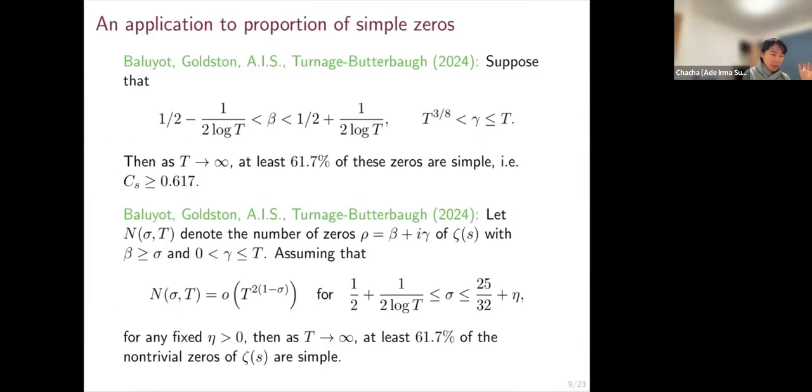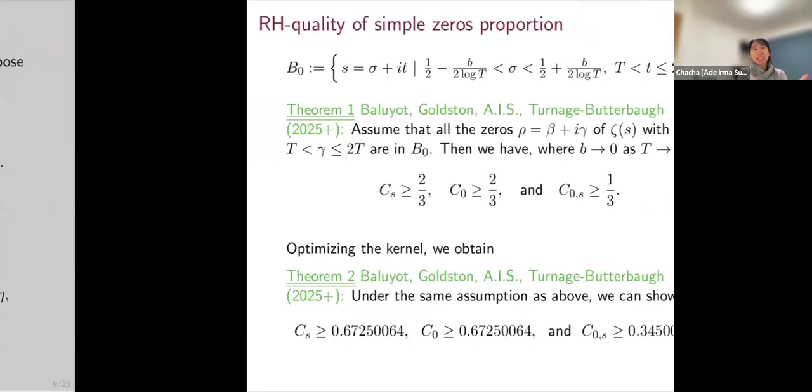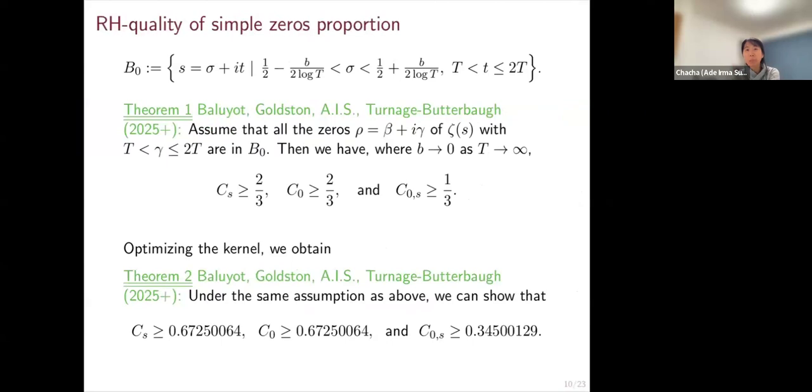In the previous one, it was 1/2 log t, and now I want to change this width. Not to say that I certainly will take a box bigger or smaller, but let's allow a parameter b here. Since we use Metcalfe, we are only picking zeros between height t and 2t.